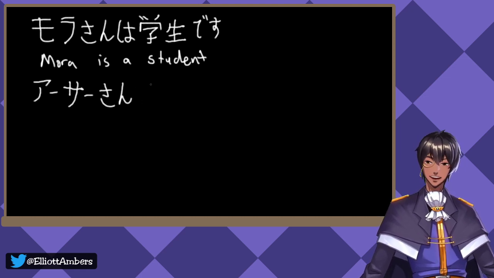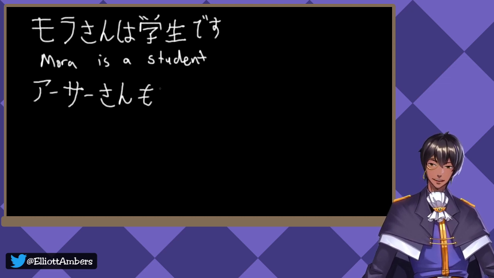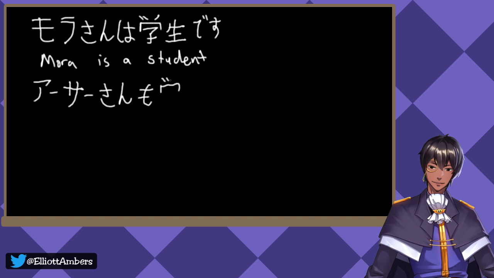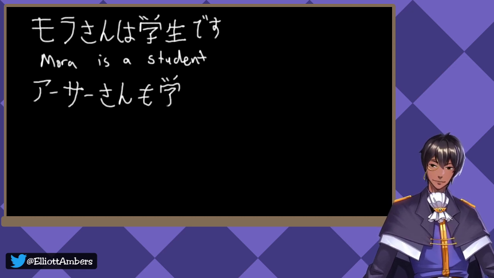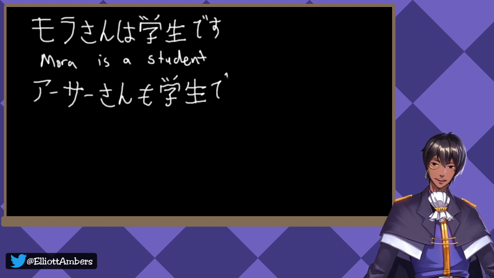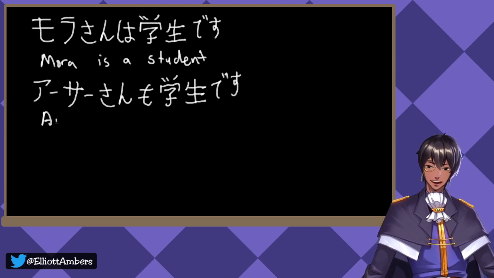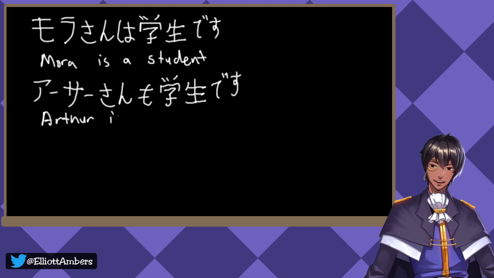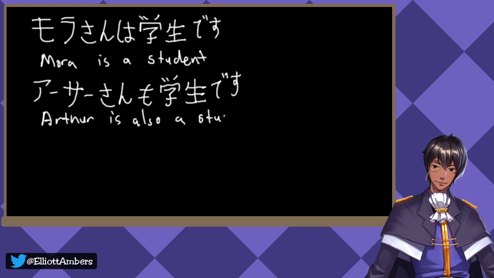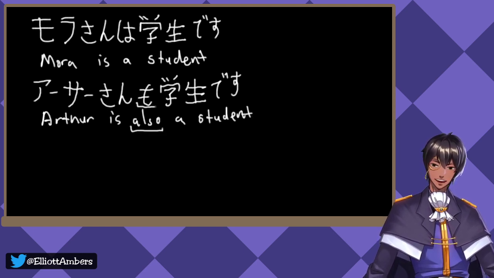And then, since he's also a student, you would say Asa-san mo gakusei. Mo being also. Arthur is also a student. So also, that's the mo.